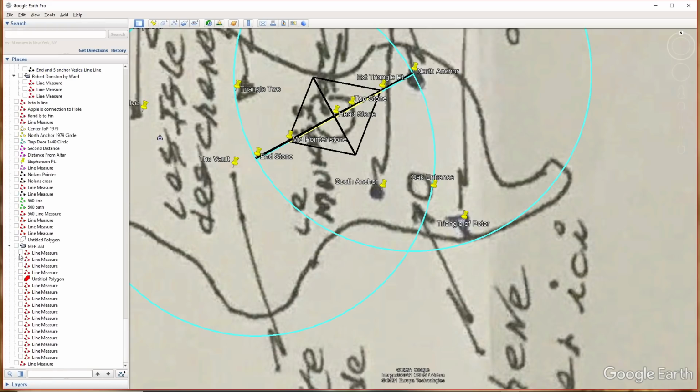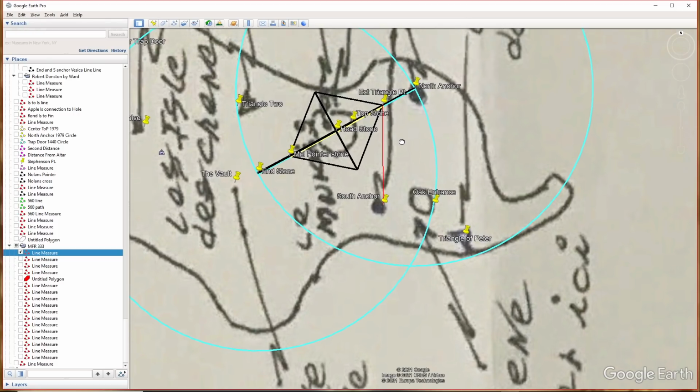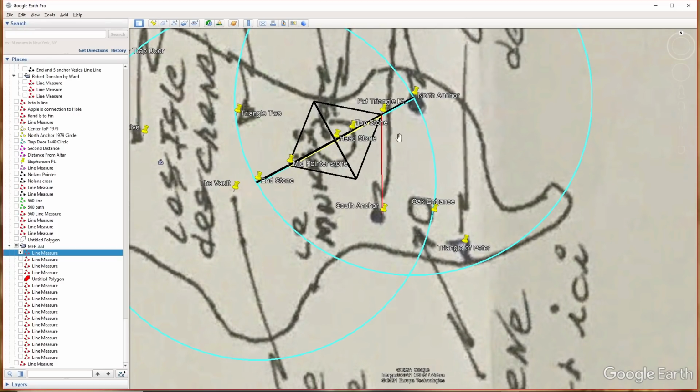And so let's start off here. One of the things is this V. It is a pointer to where this line, and that's what this is denoting here, this north-south line dropping down into the south anchor dot.